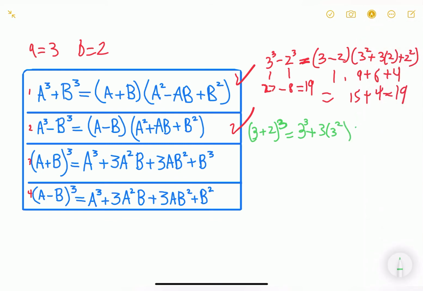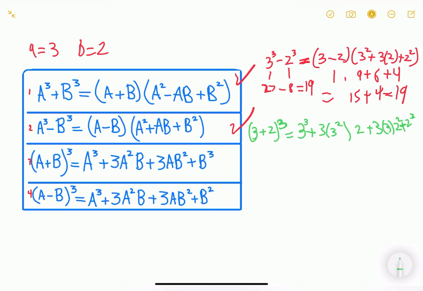And then what is b? We said b is 2, plus 3ab squared plus b cubed. This is a cubed. Okay, let's get started.